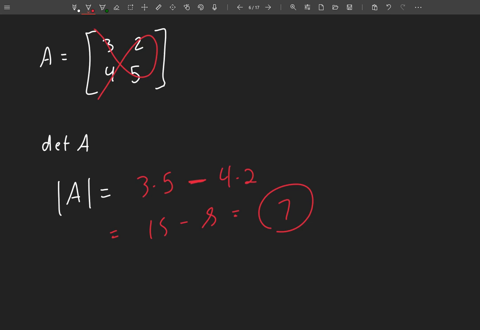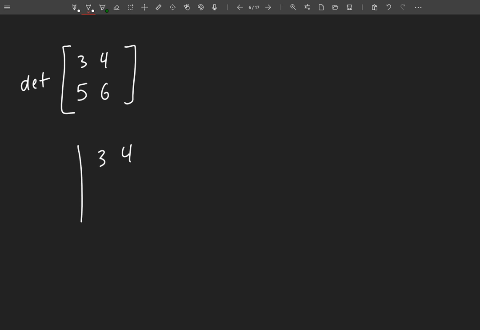All right, let's do another one. I'm not necessarily going to name this one. That'll work. Now, if I wanted to say that I want to find the determinant of this and it's not named, I could put determinant out front, but more often you're going to see this. You're going to see the entire matrix written again, but with these vertical bars.